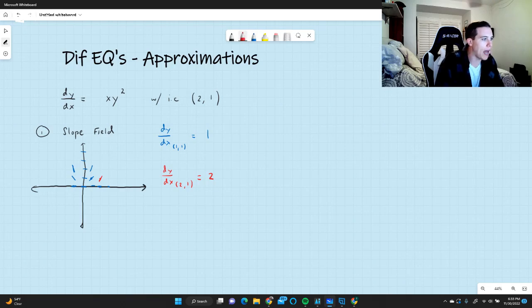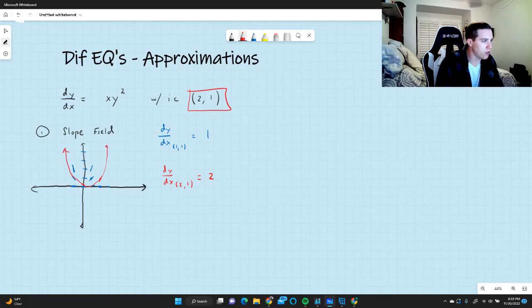And then with that, we can sketch what's called a solution curve through our initial condition. So we know the curve goes through this point, which means it has to pass through this. So here we go. Let's try to sketch the solution curve. Based on what's going on, it looks like it's getting steeper as we go this way. So I imagine it goes something like this here, but it looks like it levels out here and then it kind of flips.